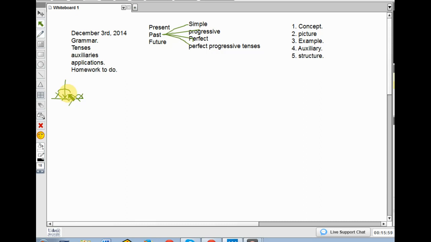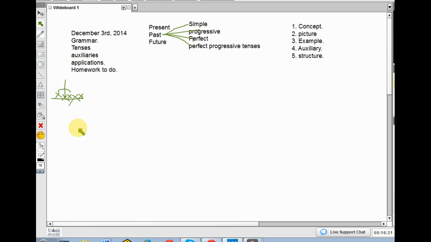I was working when she called me. I was listening to music when she called me. I was working when she called me and I couldn't answer. The auxiliary for this one is was, were. And the structure is subject plus was, were, plus verb in ing, plus complement.